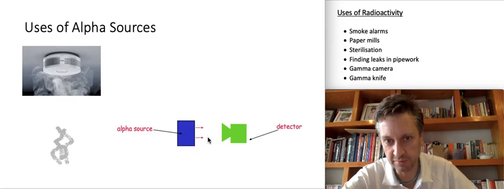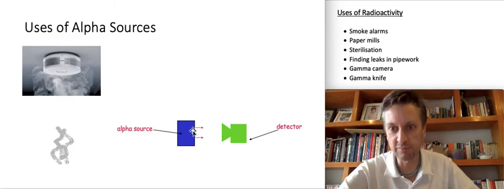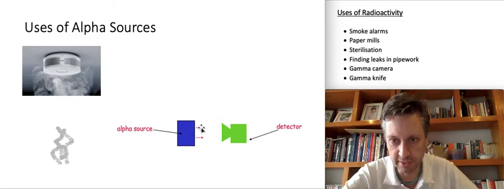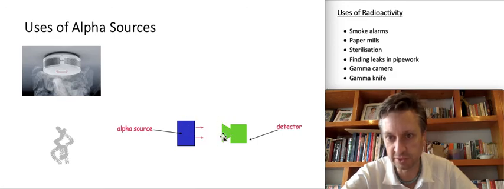It's firing off alpha particles, and there's a small gap between that source and a detector. Now, as long as alpha particles are being emitted, what they do is they ionize the particles between the source and the detector, and those ionized particles hit the detector and they create a current.